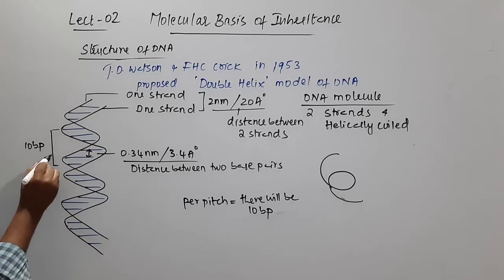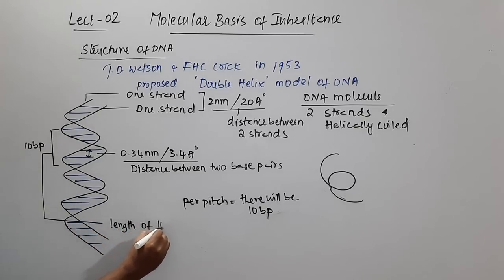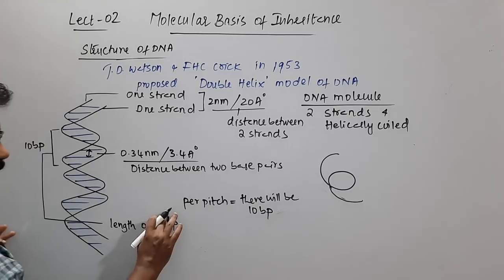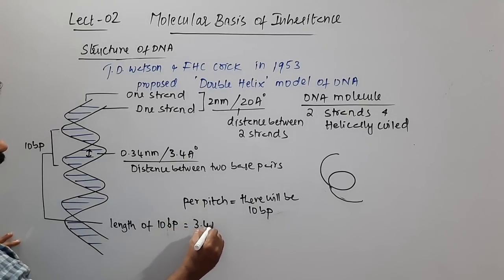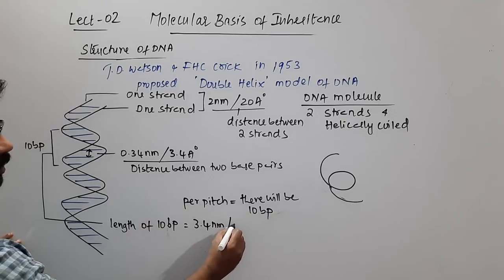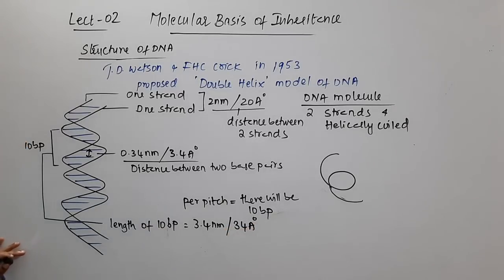So this is the length of 10 base pairs: 3.4 nanometers or 34 angstroms.